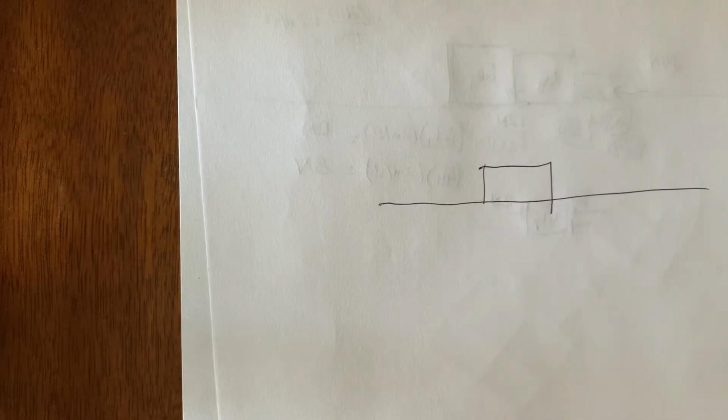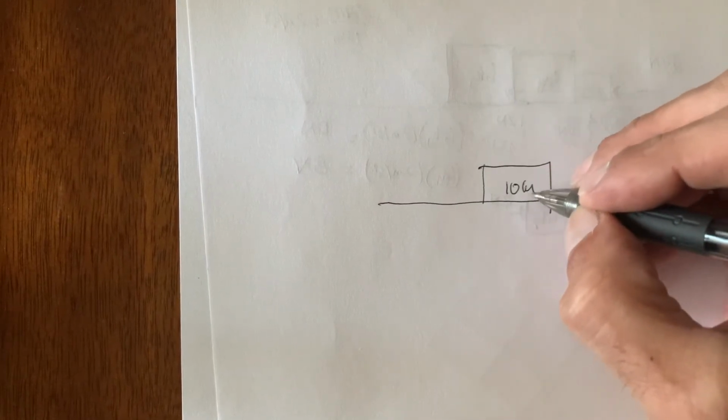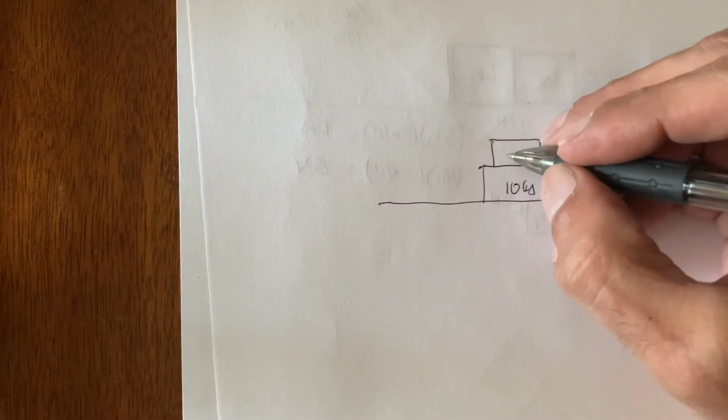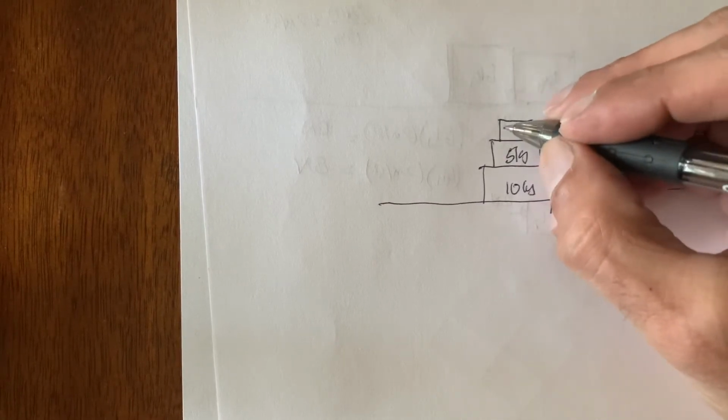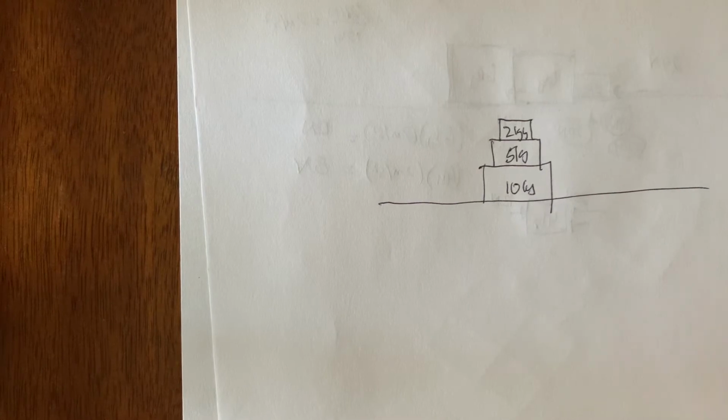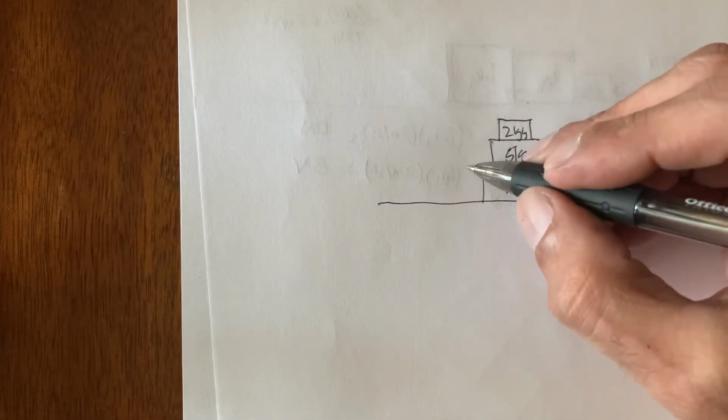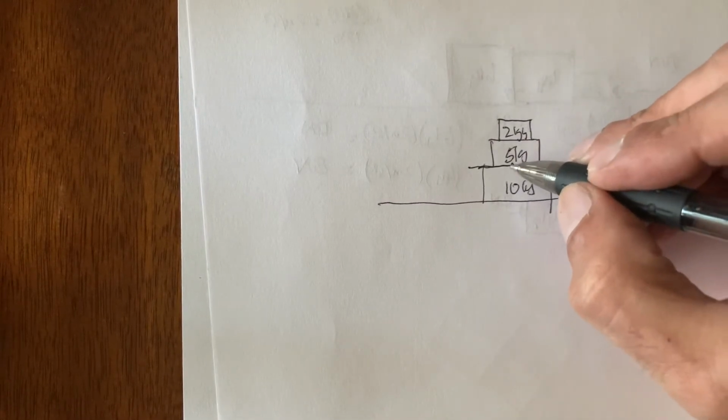Let's go ahead and put 3 together. So let's say that's 10 kg, and here's a 5 kg, and let's put another 2 kg up here. Again, you could find the normal force here if you want.